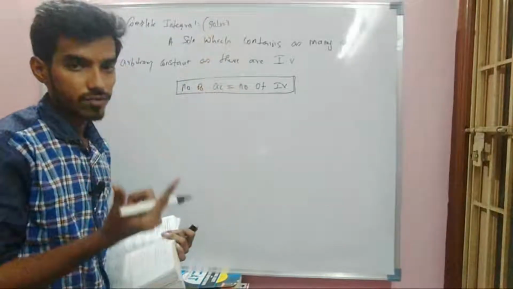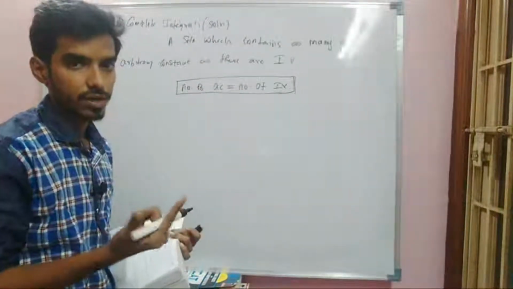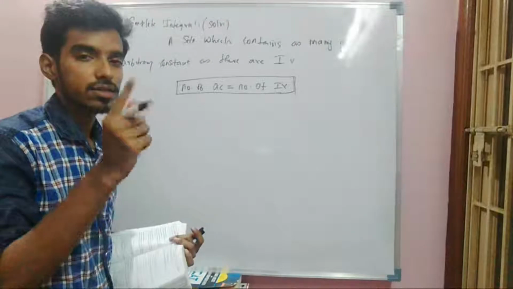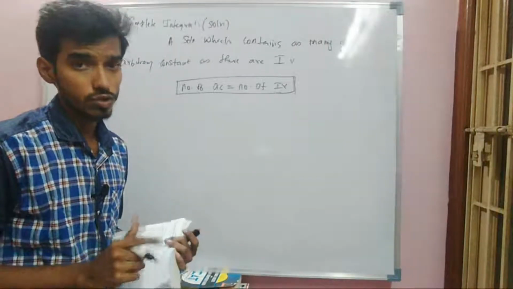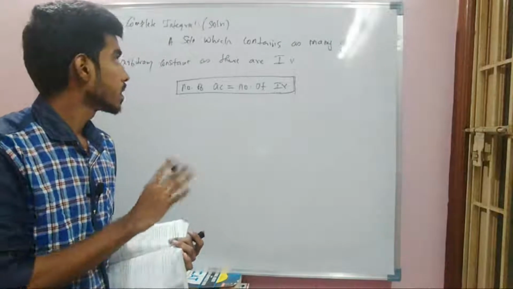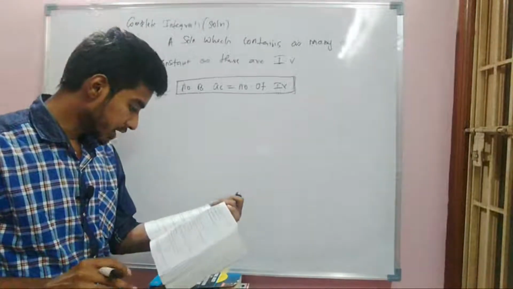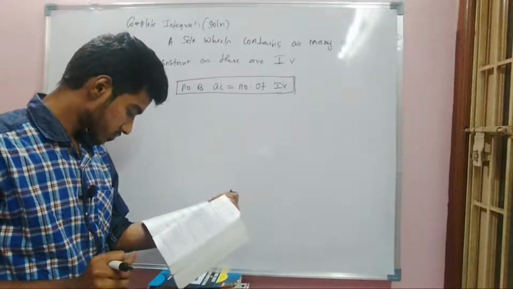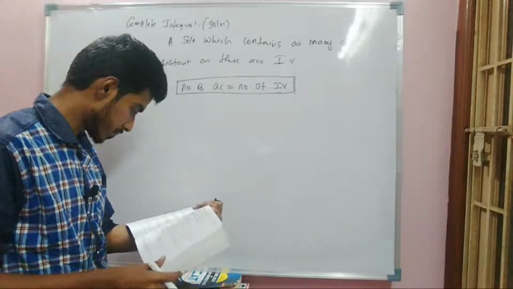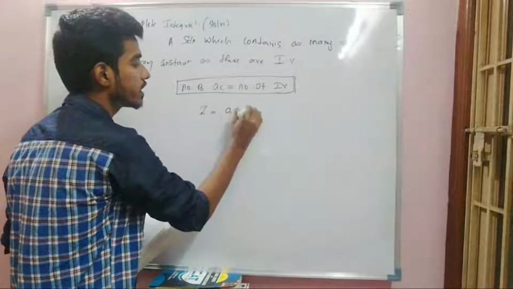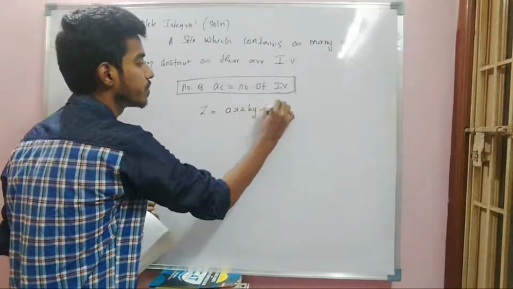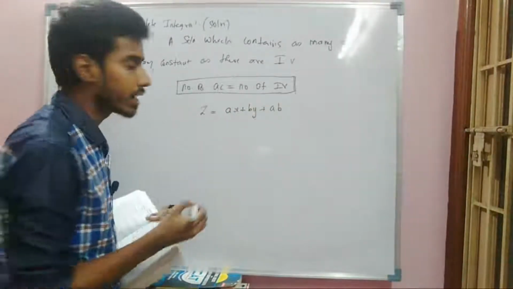Whatever solution we are finding, if the number of independent variables is equal to the number of arbitrary constants, then that solution is called complete integral or complete solution. For example, z is equal to ax plus by plus ab. How many independent variables are here?